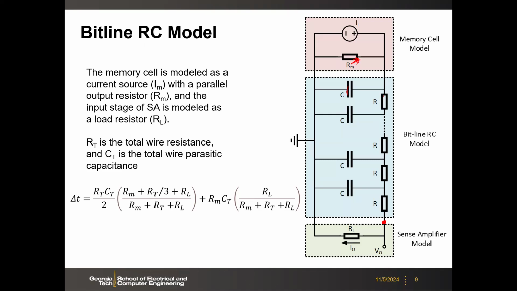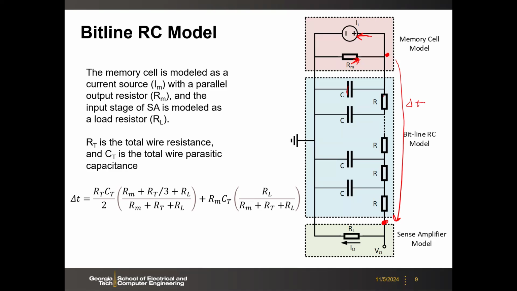So you have this equivalent resistance anyway. And then you have the current flowing through that memory cell. What we care about is the time for the signal to propagate from the memory cell to the sense amp. This is the delta t.